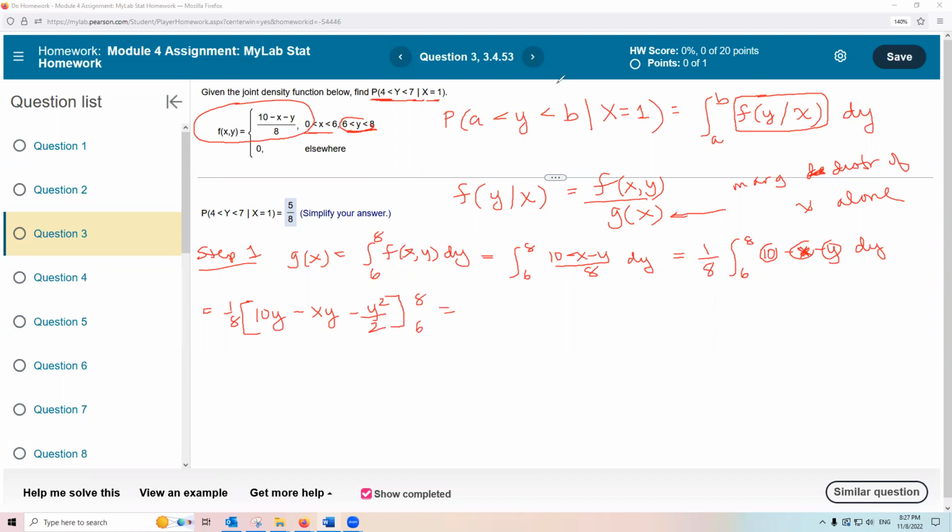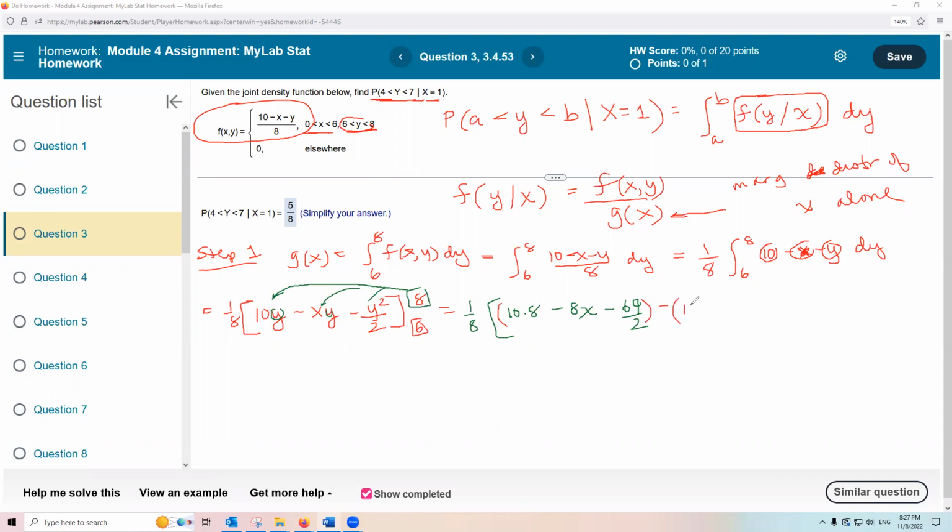Let me start out plugging in the upper limit of 8 into this expression. So this is going to be 1/8. I'm going to have 10 times 8 minus 8x. Remember, I'm replacing each one of these y's with an 8, minus 64/2. Now I'm going to subtract when I plug in the lower bound of 6.